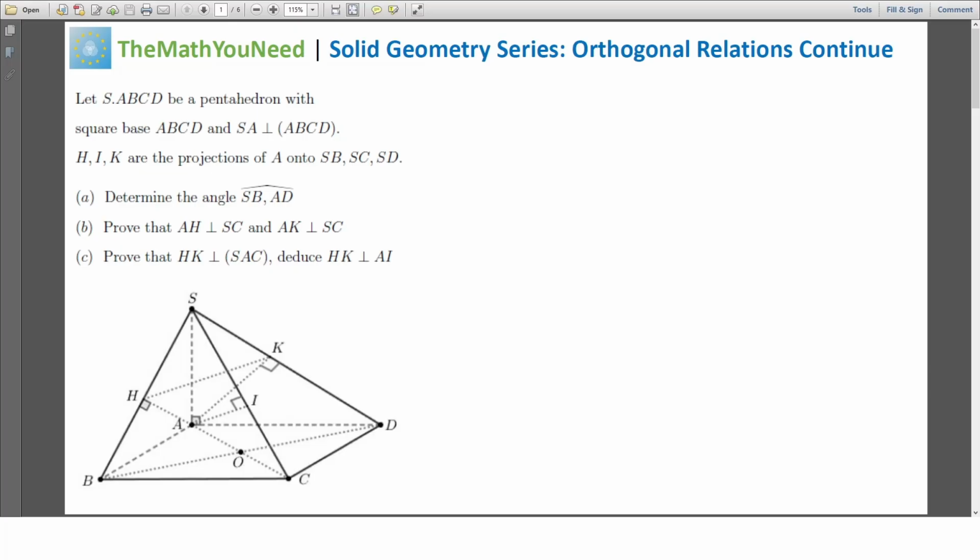B, prove that AH is perpendicular to SC and AK is perpendicular to SC. And C, prove that HK is perpendicular to plane SAC, and from there deduce that HK is perpendicular to AI.